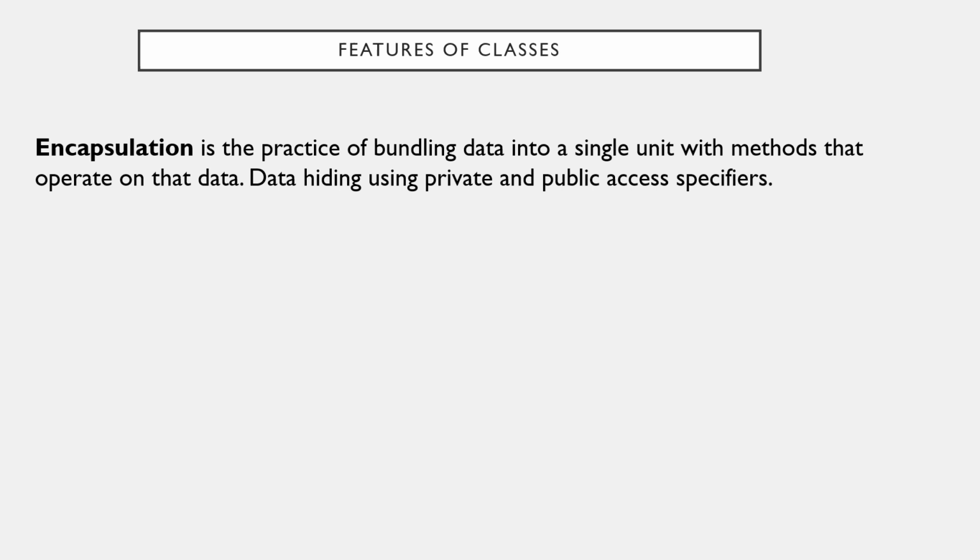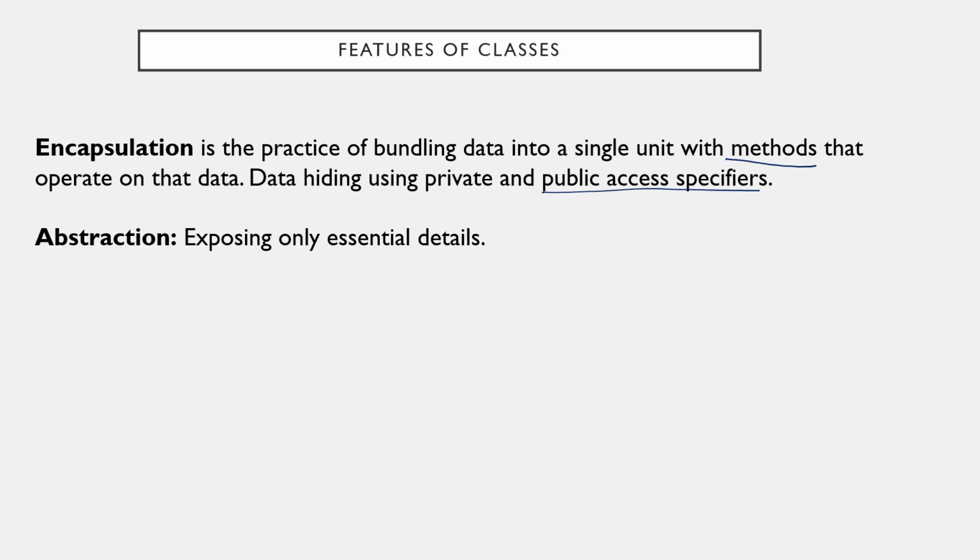Here are some of the features of using classes. You have encapsulation, which is bundling data into a single unit and using methods, which are member functions, that operate on that data. You want to hide private data and use public accessors, and when you create your class, you specify how things can be accessed.